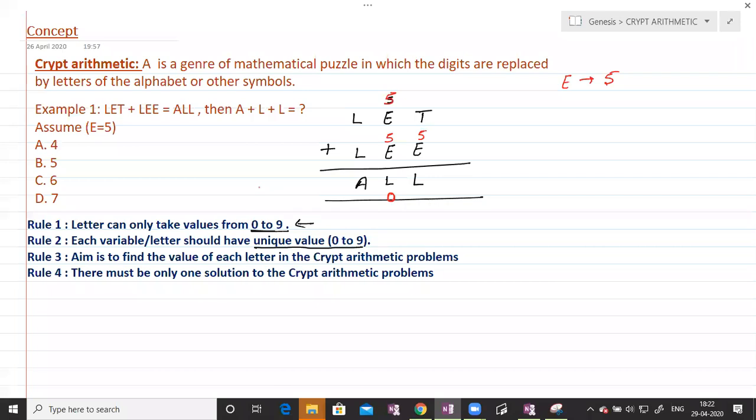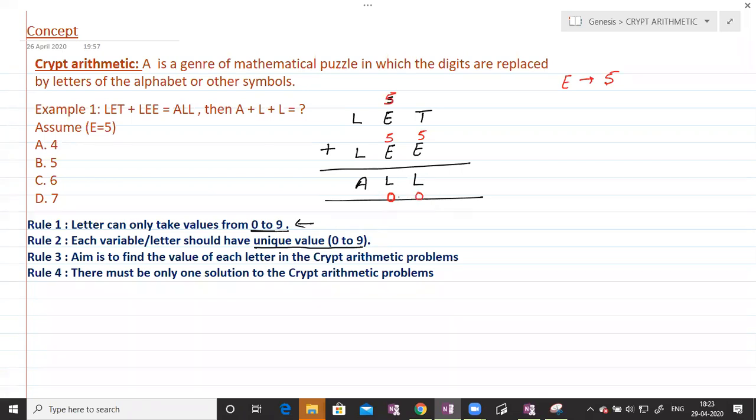I do not know the value of L, T, and A. I need to find out. How do I find out? Just the trial and error method. I'll give you tricks after some time. How do we try to get the answer? So L is 0 here.